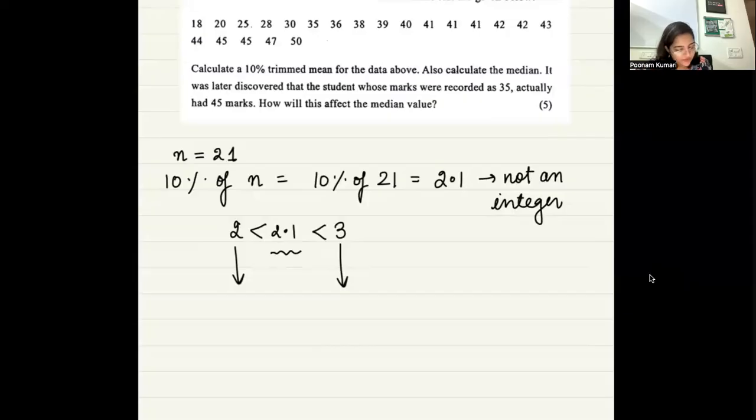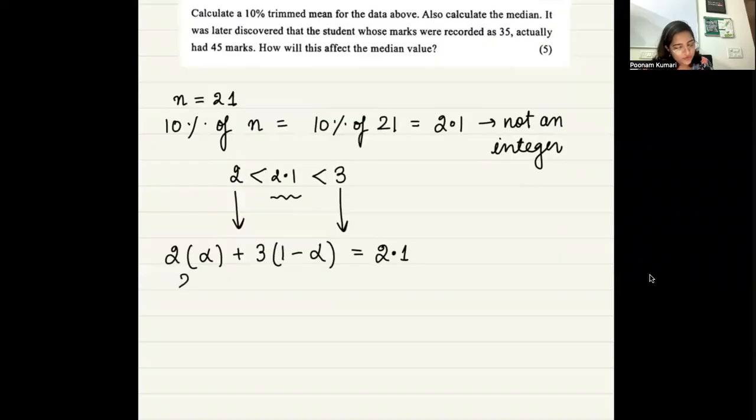So 2 times alpha plus 3 times 1 minus alpha should equal 2.1. So 2 alpha plus 3 minus 3 alpha is equal to 2.1. What is the value of alpha? 0.9. So alpha is 0.9.